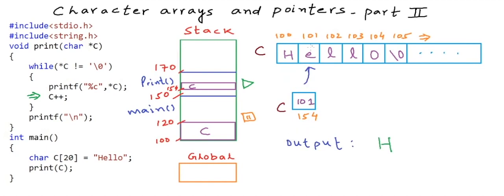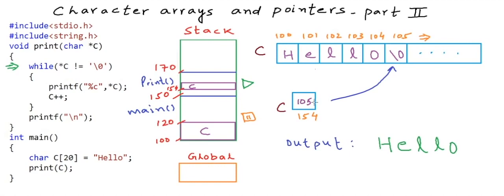So now C points to the second character in the array, and once again we come to verifying this condition in the while loop. Asterisk C is E here, it's not null. Once again we will go inside the loop and print E, and we will keep on going like this till the address in this pointer variable reaches 105.